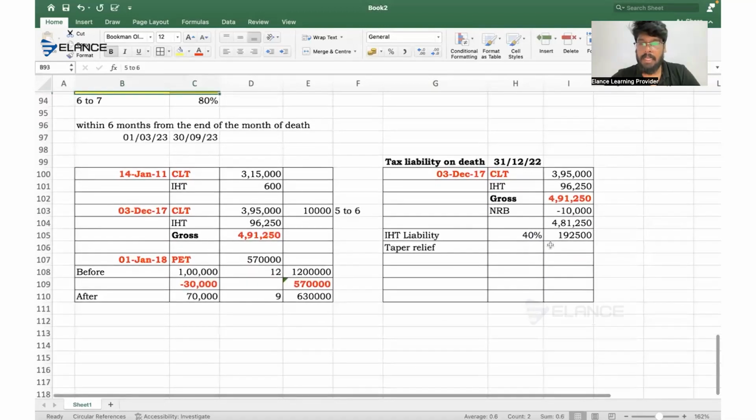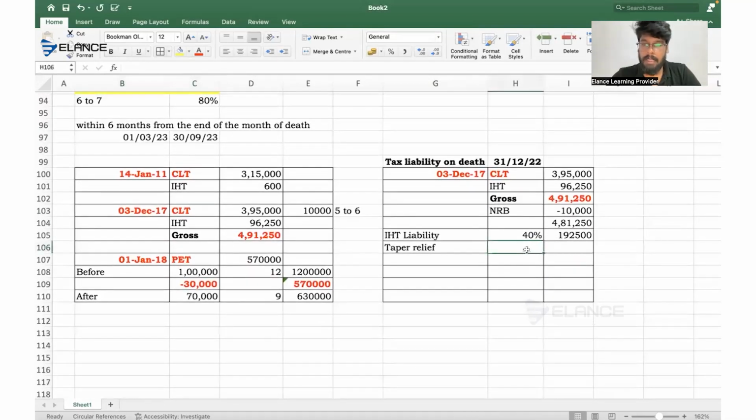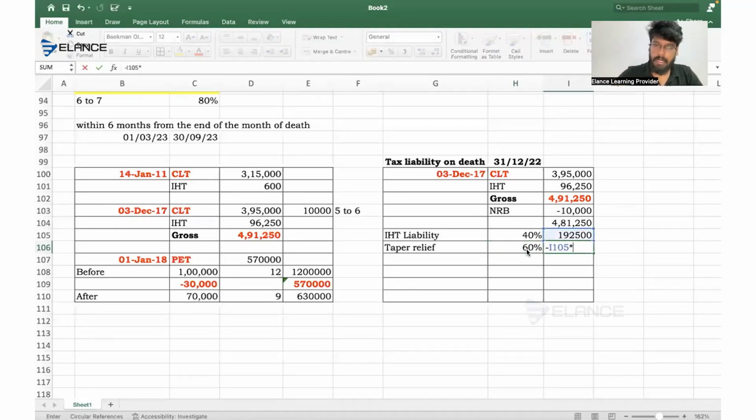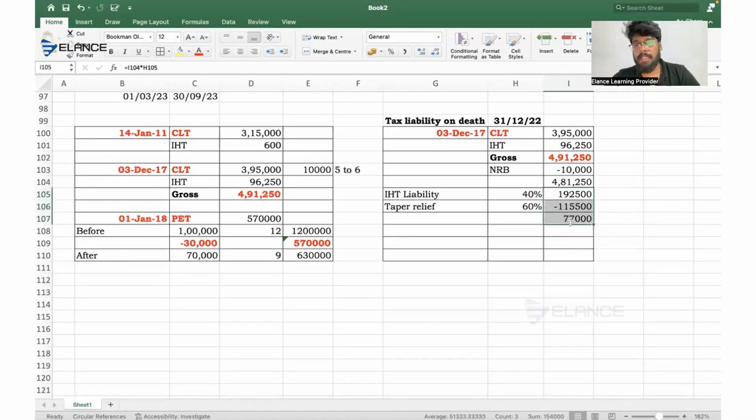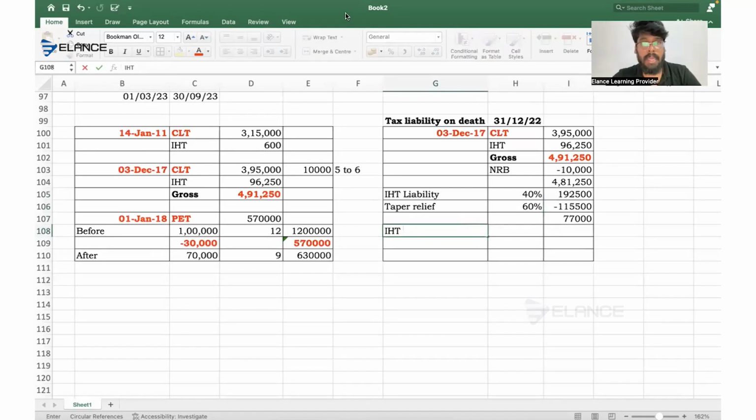So the liability of 192,500 will be reduced by 60% taper relief, and after the taper relief he will be liable to pay 77,000. And he can also deduct IHT already paid at the time of transferring.